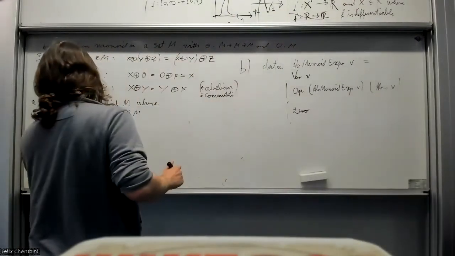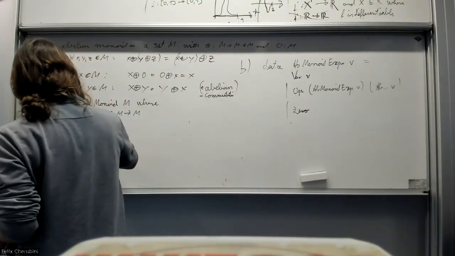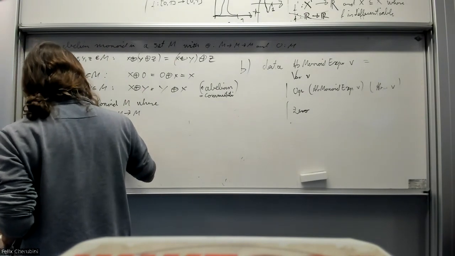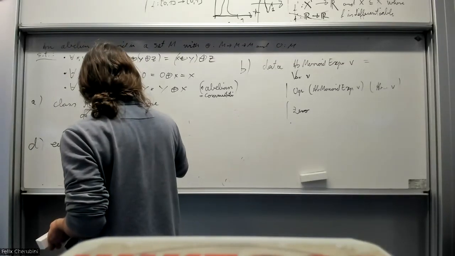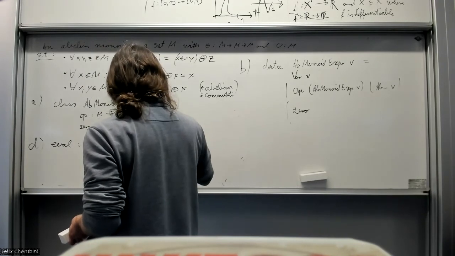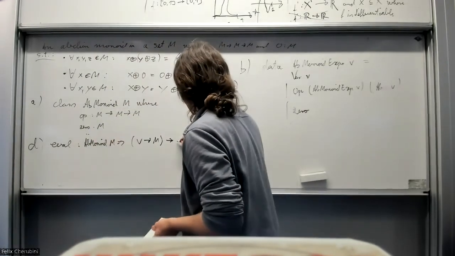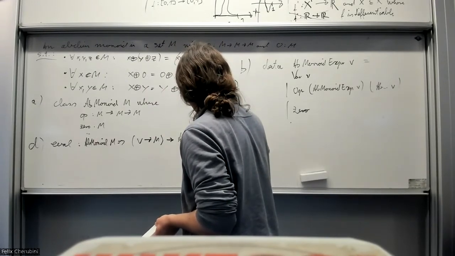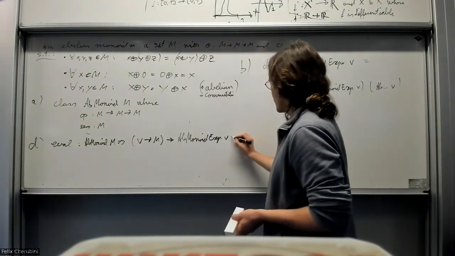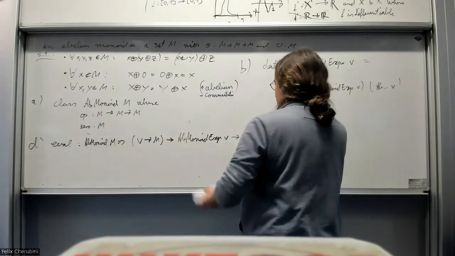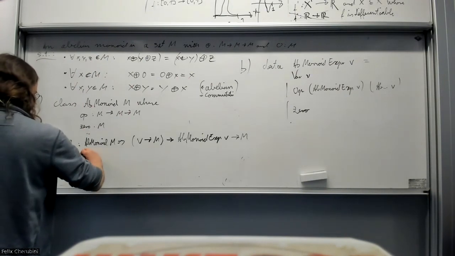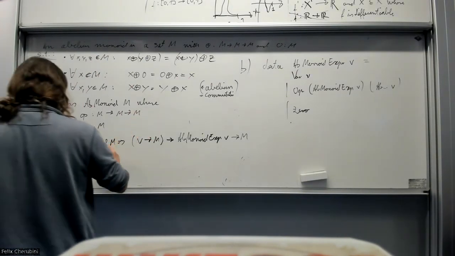We have to say we have a monoid M, and then we have a function from the variable type to M, and take an expression, so a monoid expression with variables from type V, and produce something in our monoid M. So that's the type of the eval function.